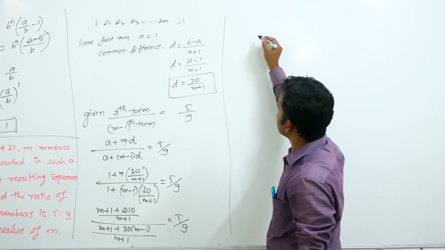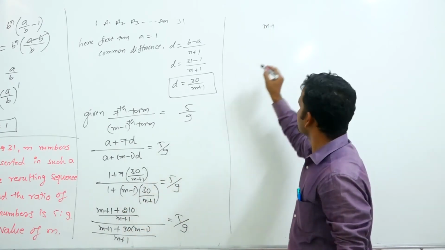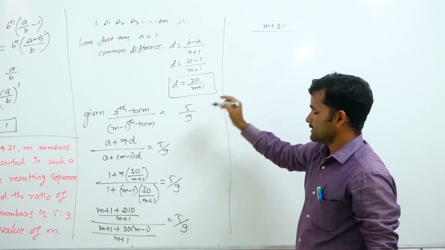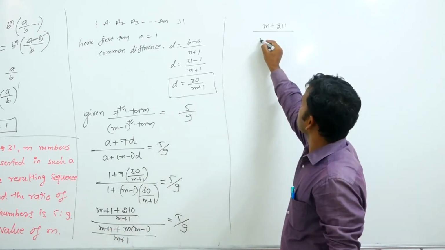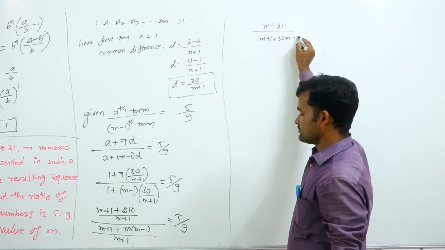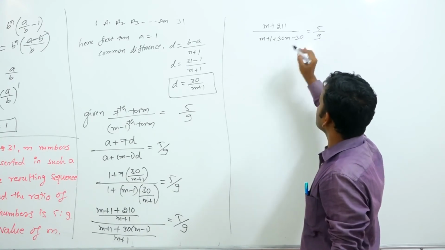We have m plus 211 in the numerator, divided by m plus 1 plus 30m minus 30, which is equal to 5 by 9.